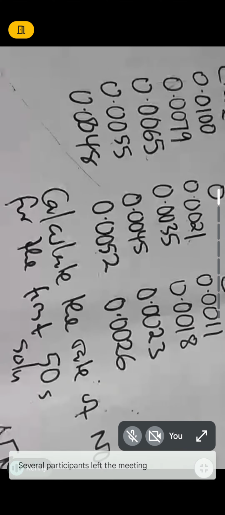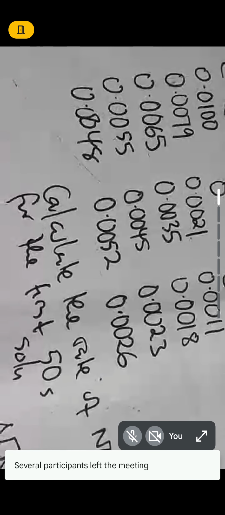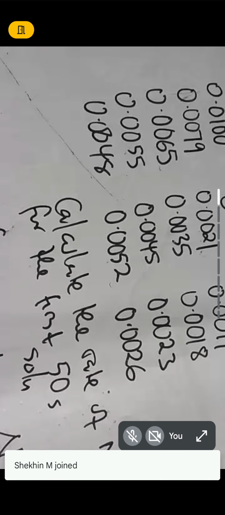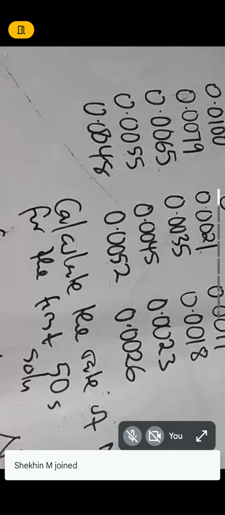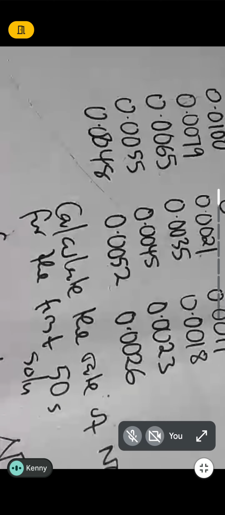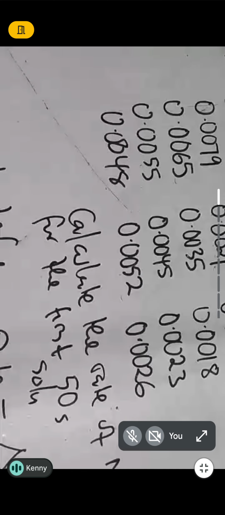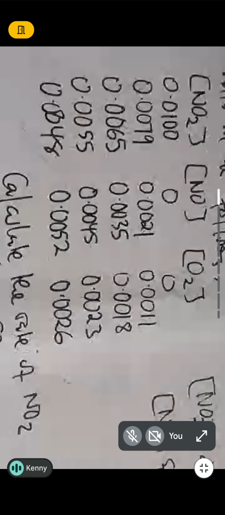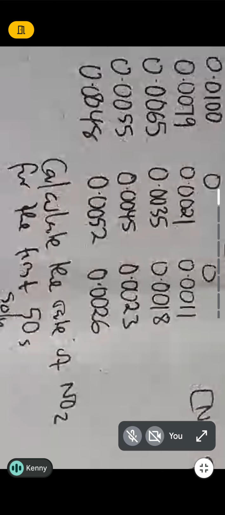Positive means increasing, and negative means it's decreasing. But we are going to present the rate as a positive quantity.